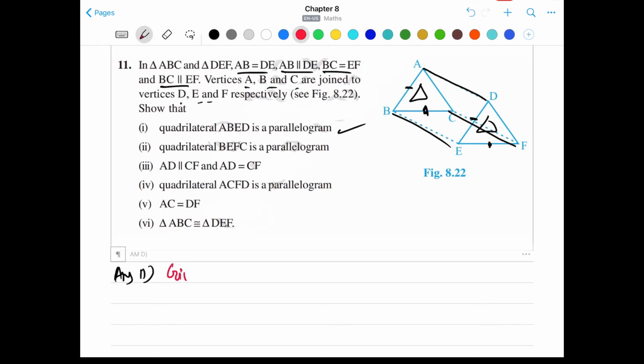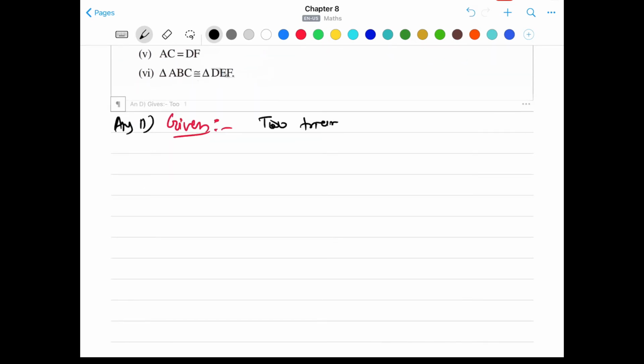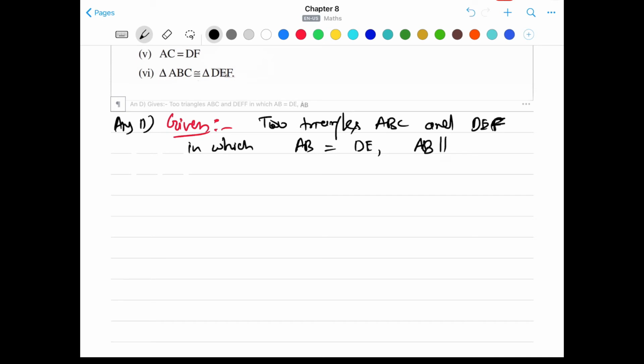Okay, we'll write the given. Here are two triangles ABC and DEF, in which AB is equal to DE and AB is parallel to DE.